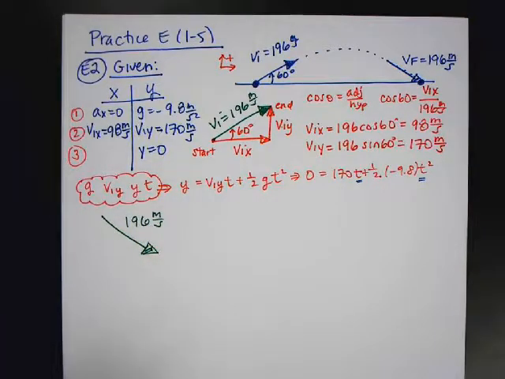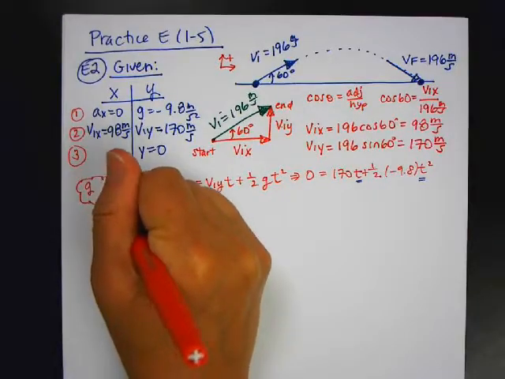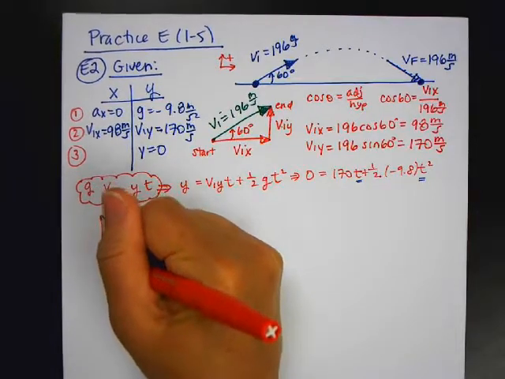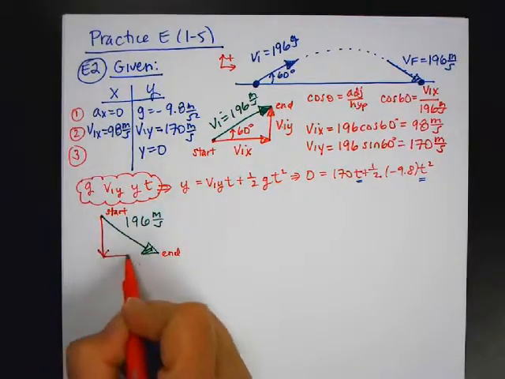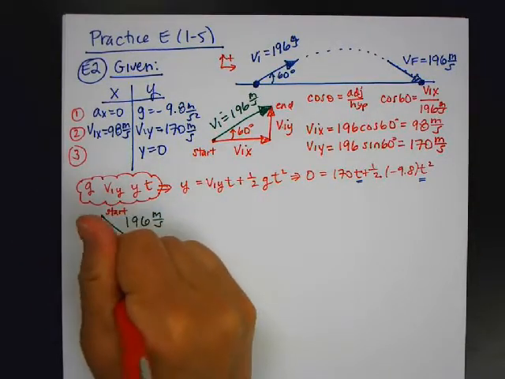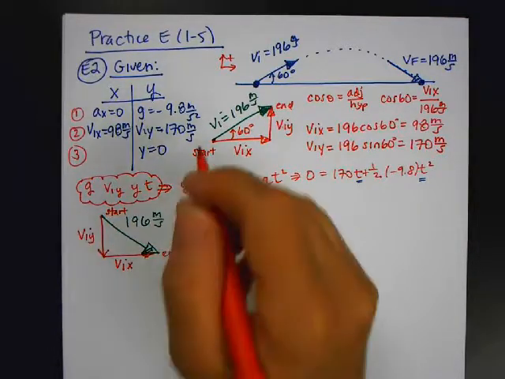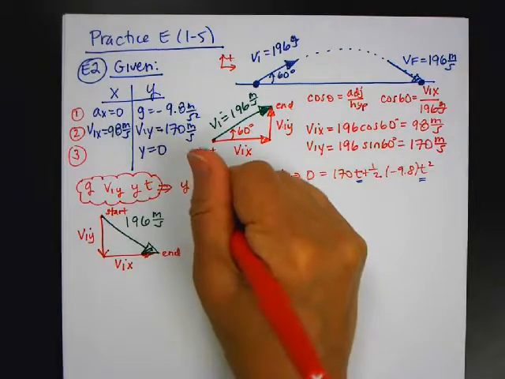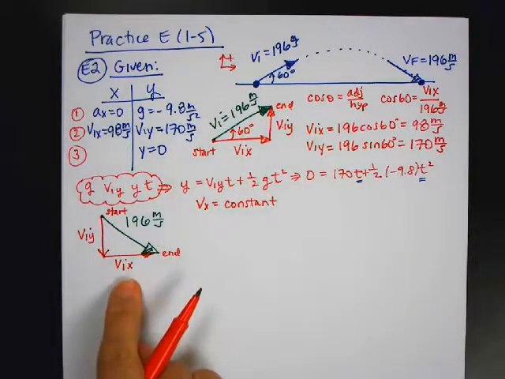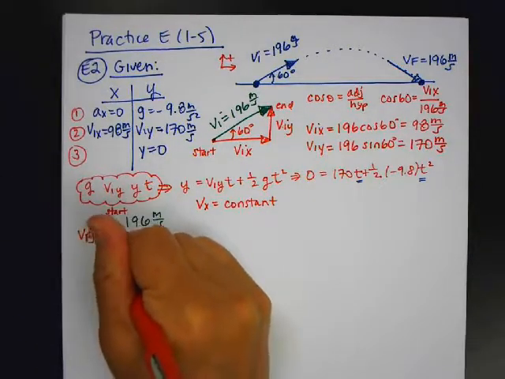But if I draw the components of it, this is where I start. This is where I end up. So first I'm going to go this way. From the head of that vector, I draw the tail of the other. So this is VIY and this is VIX. Remember, I'm sorry, this is VFY and this is VFX.